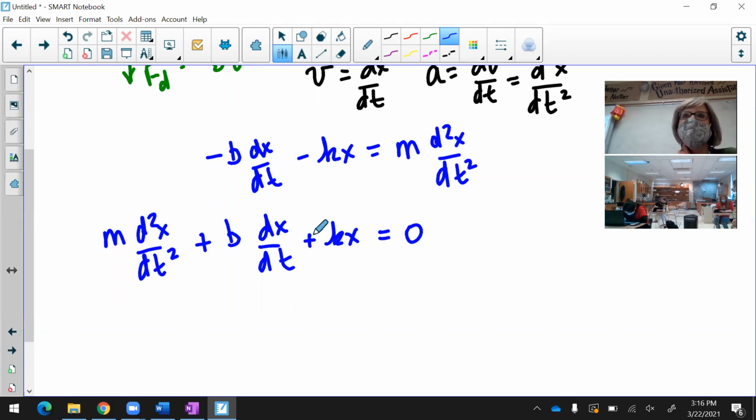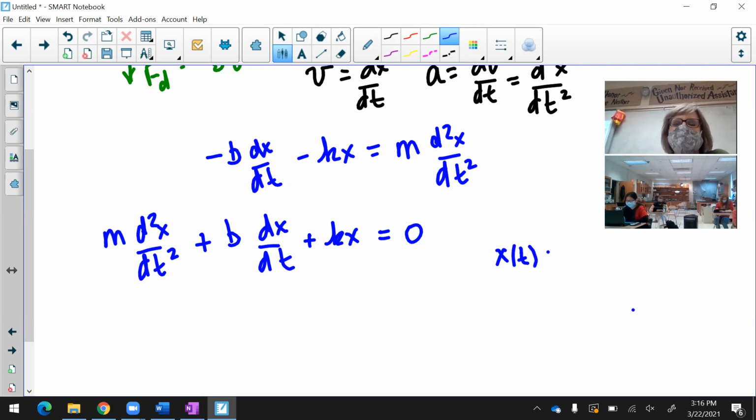You have solved differential equations before. Something to remember is that when I add these things together, they have to equal 0. Okay, so remember x is a function of t.